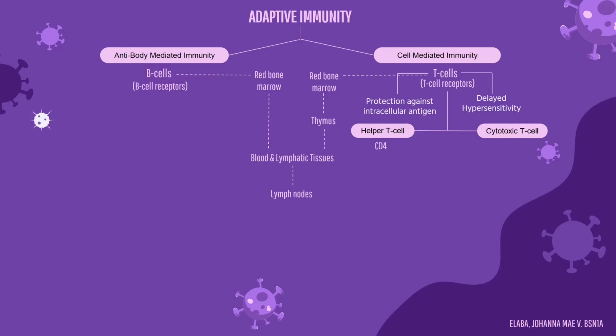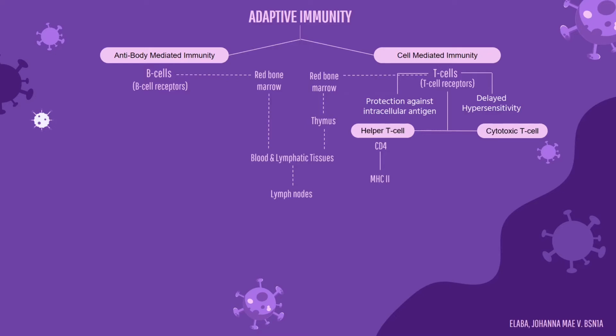The helper T cell has a glycoprotein called CD4, which helps connect the helper T cells to the macrophage by binding the MHC class II molecules. These are the major histocompatibility complex molecules, which are glycoproteins that have a binding site for antigens. Also, it is described as the serving tray.